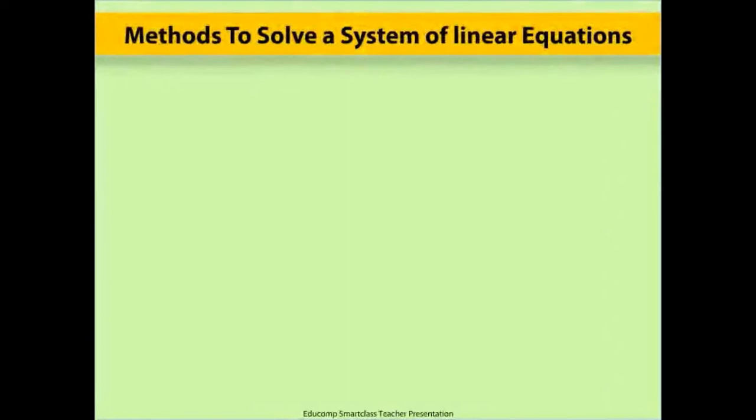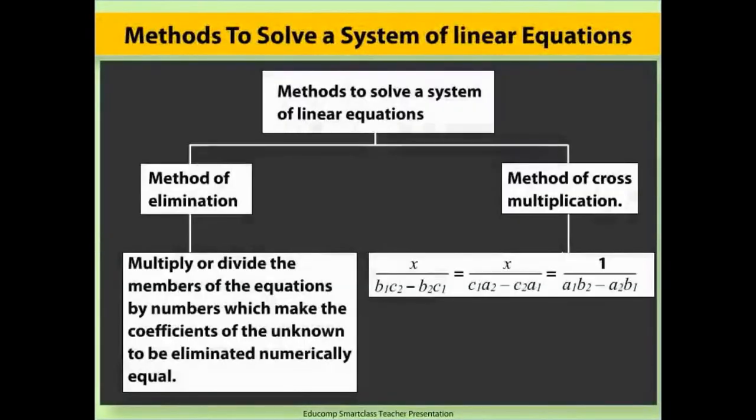Methods to solve a system of linear equations: method of elimination and method of cross multiplication. Method of elimination: multiply or divide the members of the equations by numbers which make the coefficients of the unknown to be eliminated numerically equal.